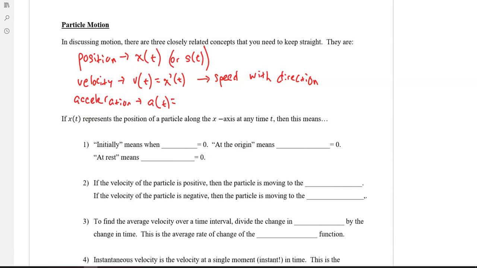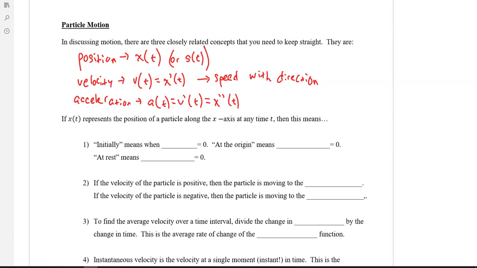If the acceleration is the rate of change of the velocity, what can we do to velocity to get acceleration? Yes, the chorus of voices, I love it. So v prime of t, or since v of t is x prime of t, how does the acceleration relate to the position then? Second derivative, yes.